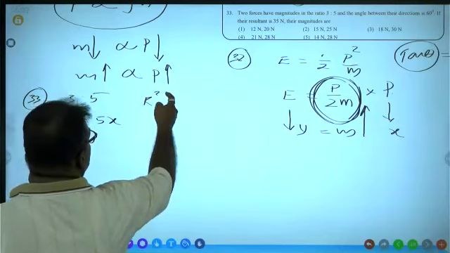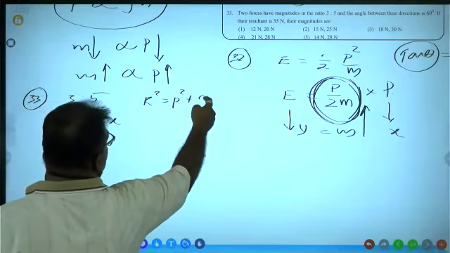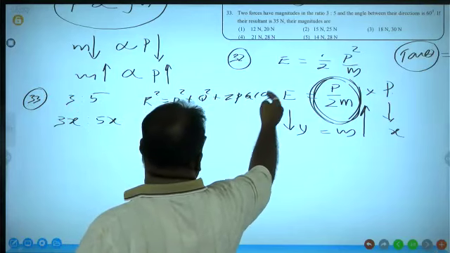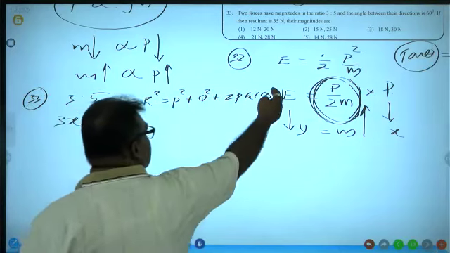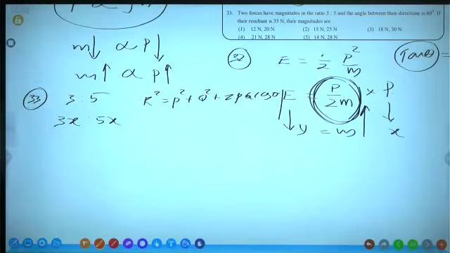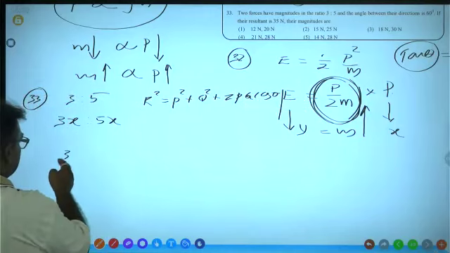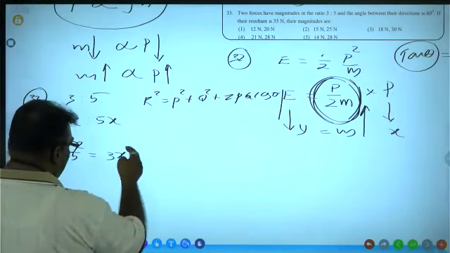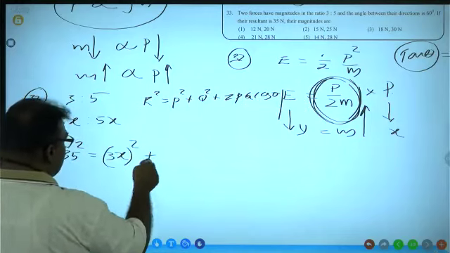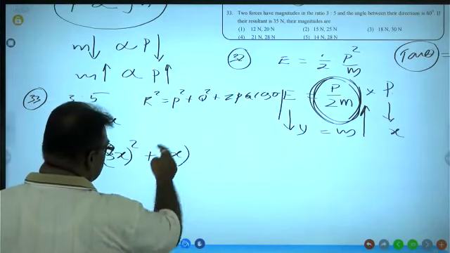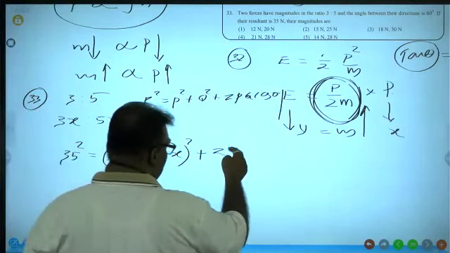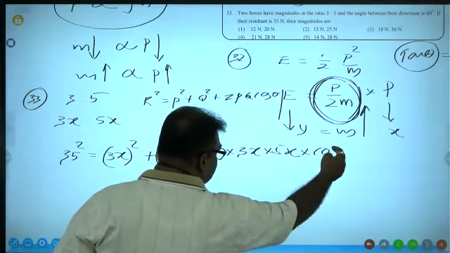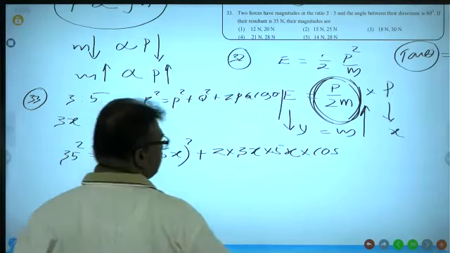Use R squared equals P squared plus Q squared plus 2PQ cos theta, right? If it is used, then it's simple. R is 35, so 35 squared equals (3x) squared plus (5x) squared plus twice of 3x into 5x into cos 60.